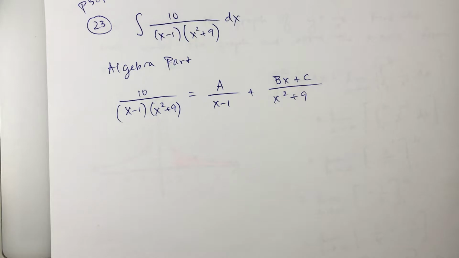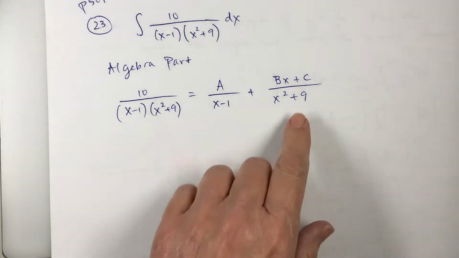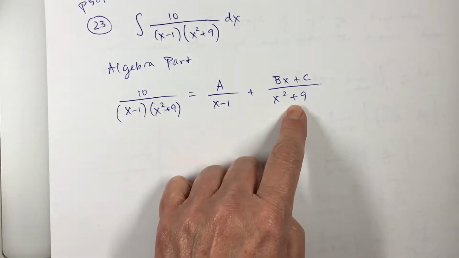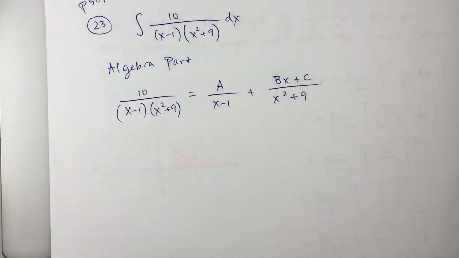Bx plus C because x squared plus 9 you cannot factor, and the numerator will be 1 degree less.